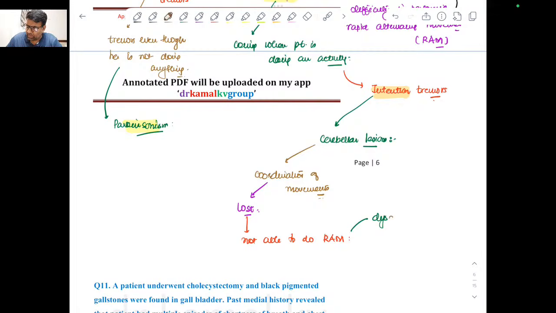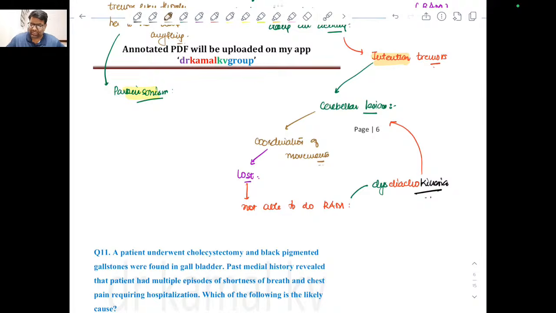So just for the sake of remembering this word, I am using different colors. Dysdiadochokinesia. Okay. So if the patient is not able to do rapid alternating movements, this is known as dysdiadochokinesia, and this suggests lesions of cerebellum.